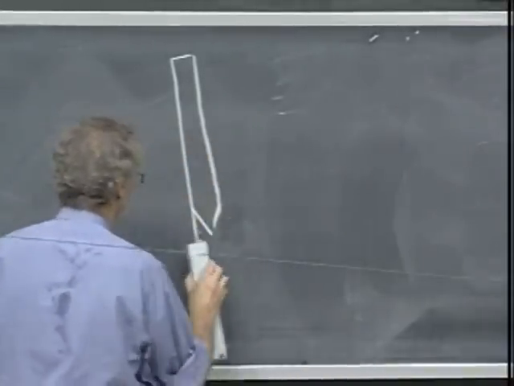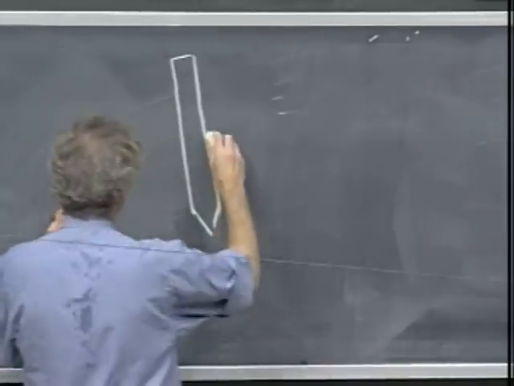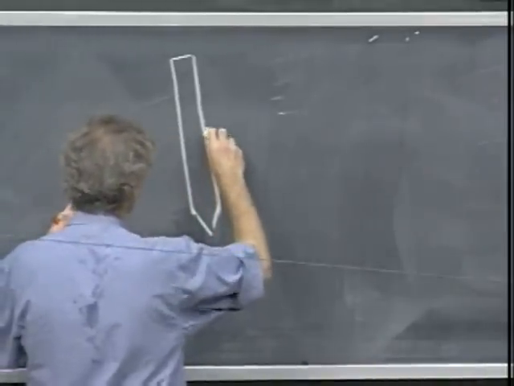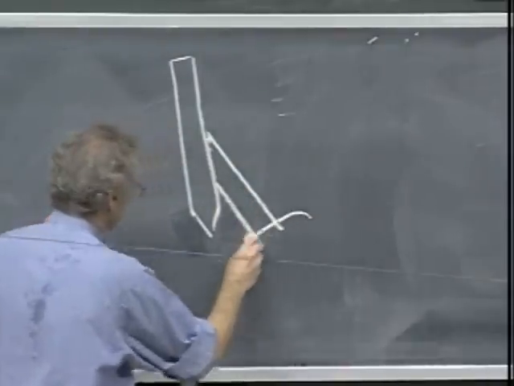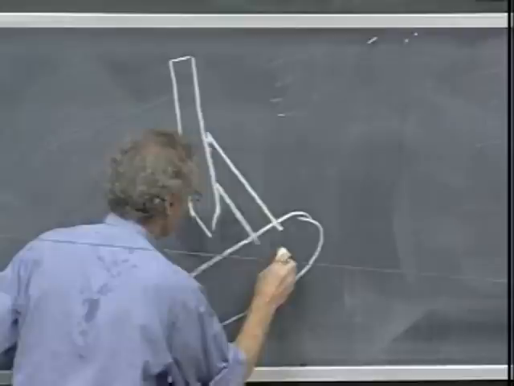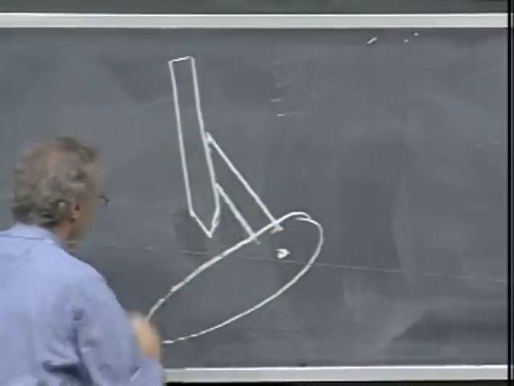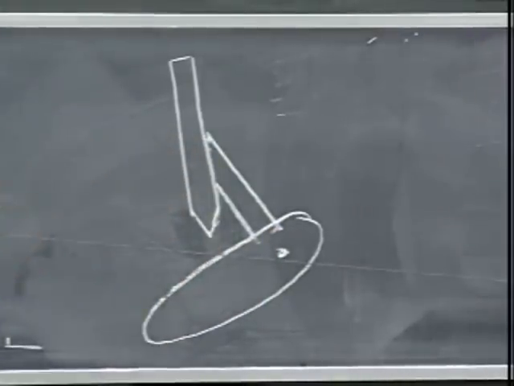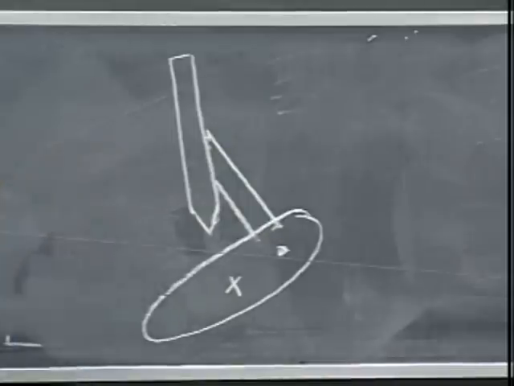And I take my pocket knife and I jam my knife in here. So this is the knife. And this is now my pocket knife, like so. This arrangement can easily be made such that the center of mass is below this point.